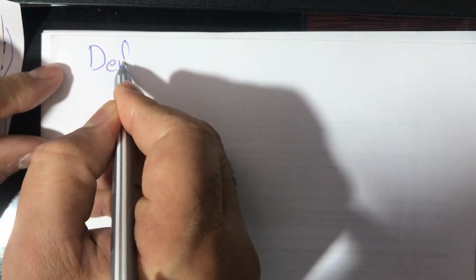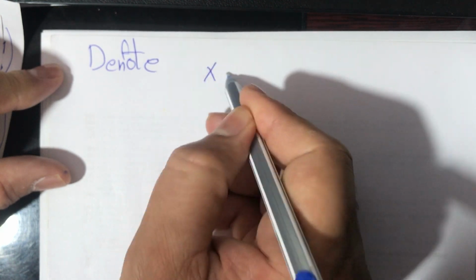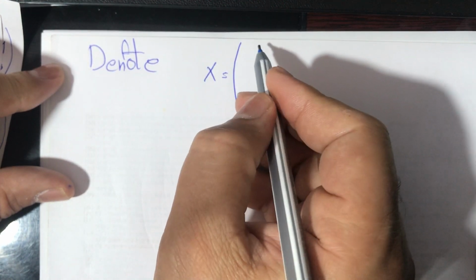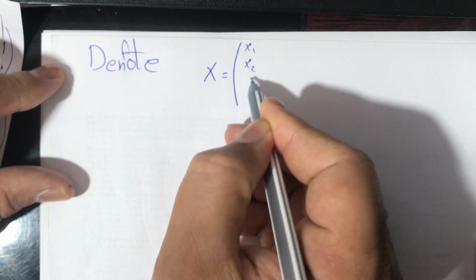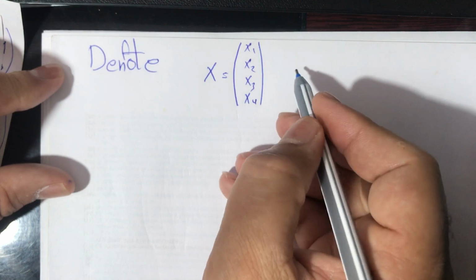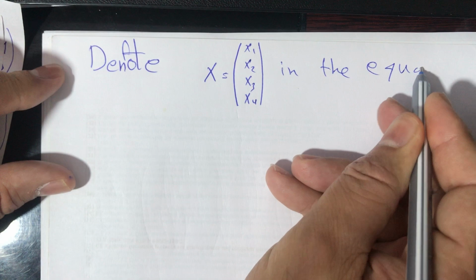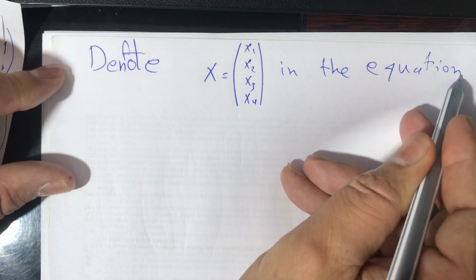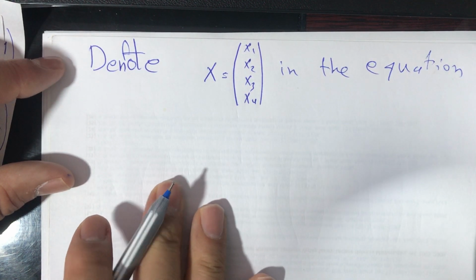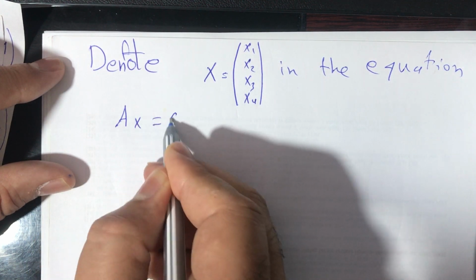And now denote x is equal to x1, x2, x3, x4 in the equation Ax equal to 0.